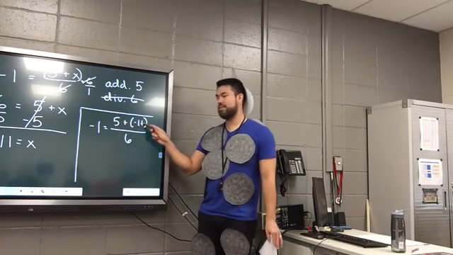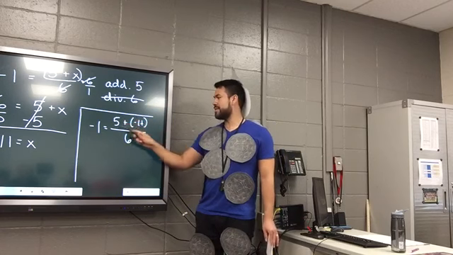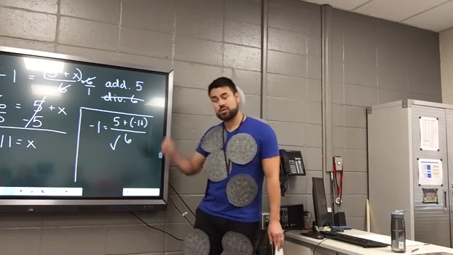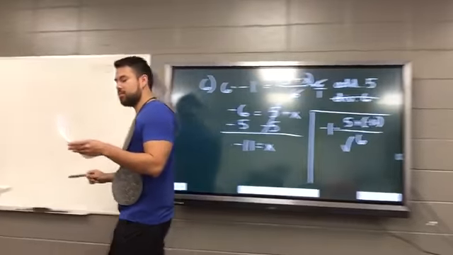Now check. What's 5 plus negative 11? Negative 6 divided by 6. So check, it works. Okay, go ahead and do the next one. Number 7, on your own.